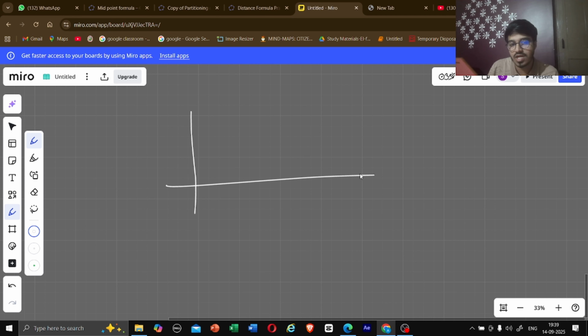So this is a coordinate axis. You are given a triangle. How do you find the area of this triangle? There is a formula for this.